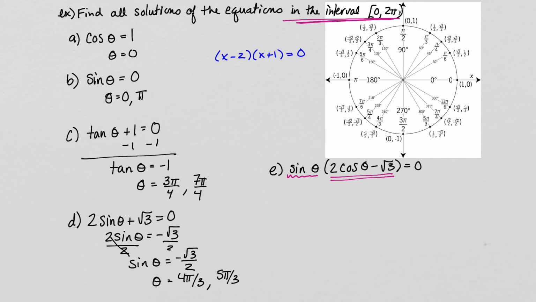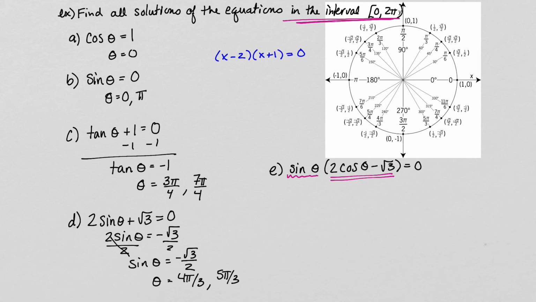Okay, so it would be x equals 2 and x equals minus 1. And the reason how we solve it is we take each piece and we set it equal to 0. So we took the x minus 2, set it equal to 0, that gives us the 2. And the x plus 1, set it equal to 0, that gives us the minus 1.